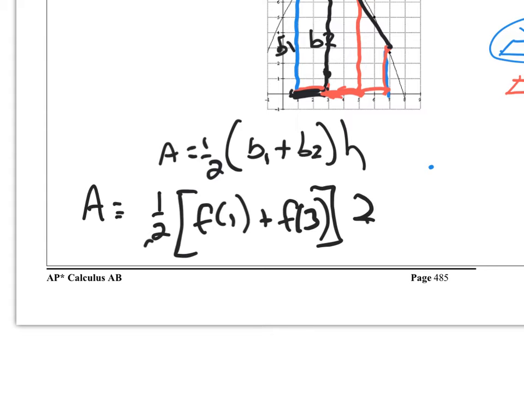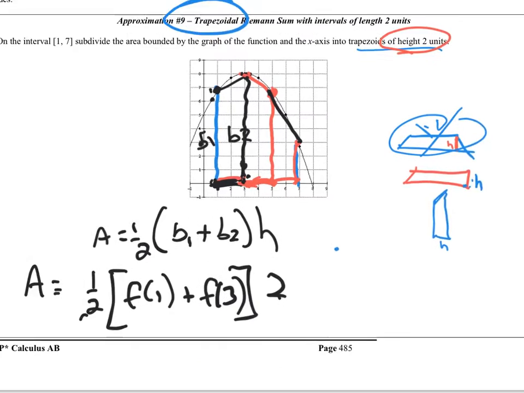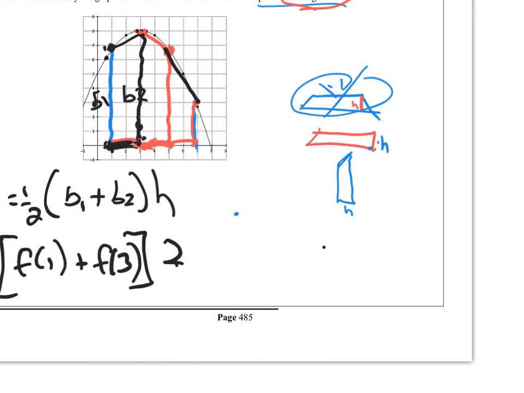All you're left with is f of 1 and f of 3. It was the left side of the trapezoid and the right side of the trapezoid. Those are your bases of the trapezoid. Look at it here, base 1, base 2.